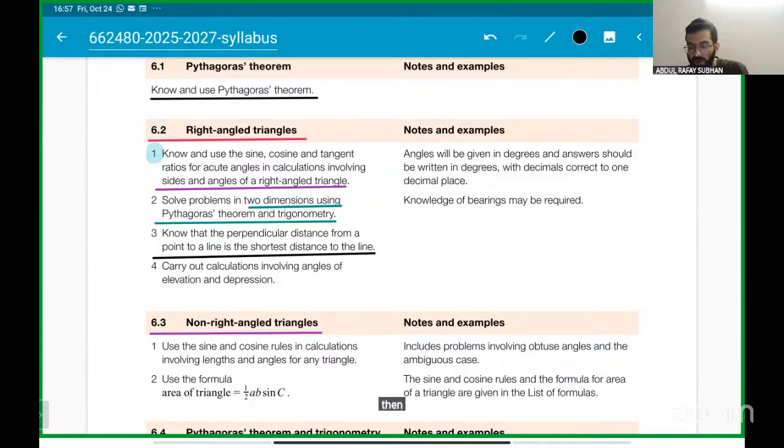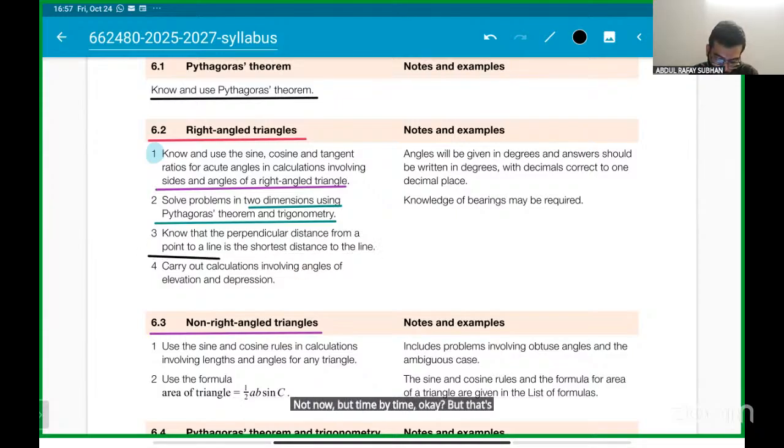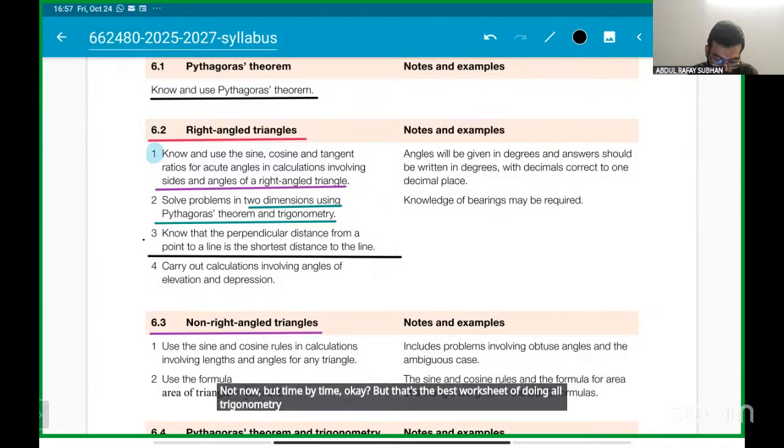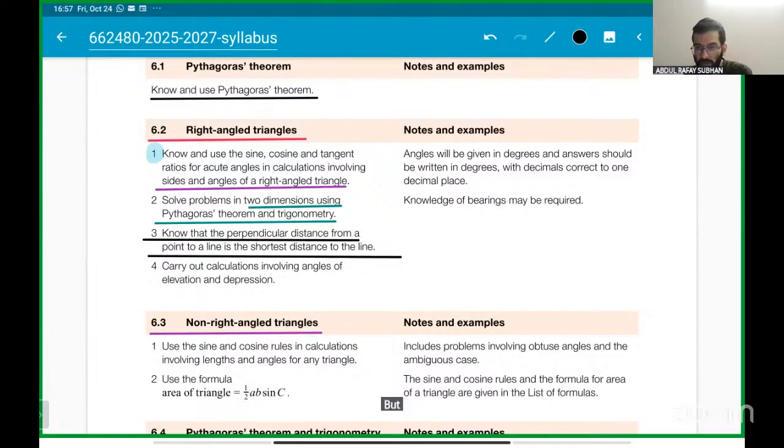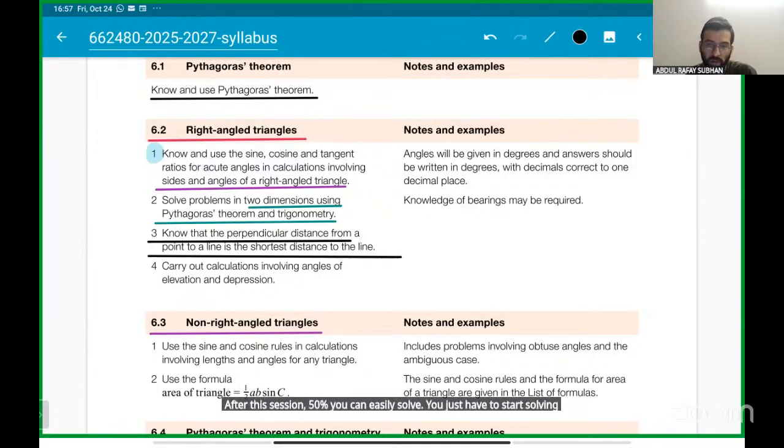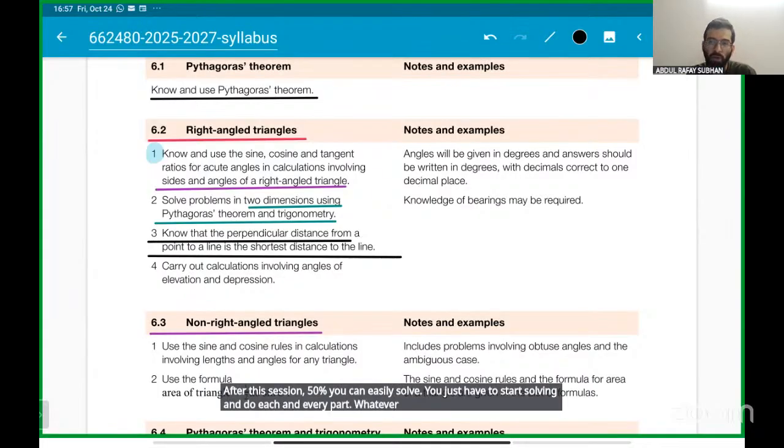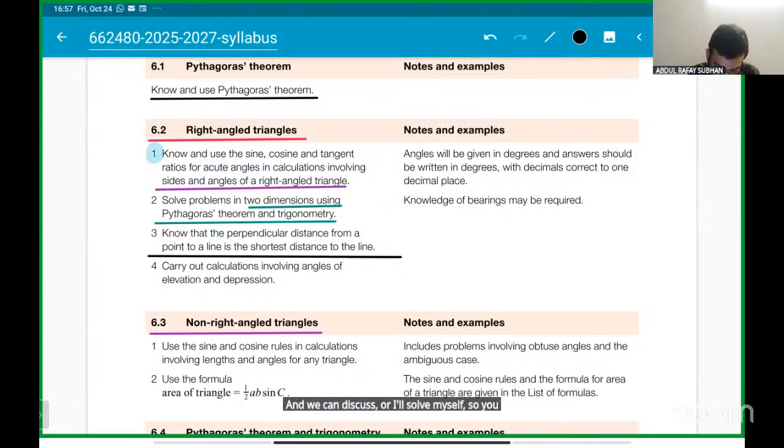That's why I'm saying this worksheet is 80 to 85% solvable, not now, but time by time. It's the best worksheet for all hard-level trigonometry questions. 50% of the worksheet you can solve after this session. You just have to start solving and do each and every part. Whatever part you are not able to solve, keep it marked and we can discuss, or I'll solve it myself so you can check your answers and working.